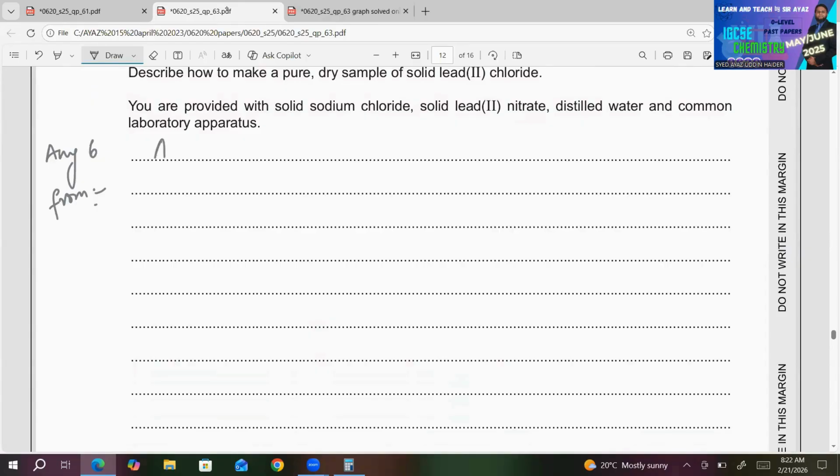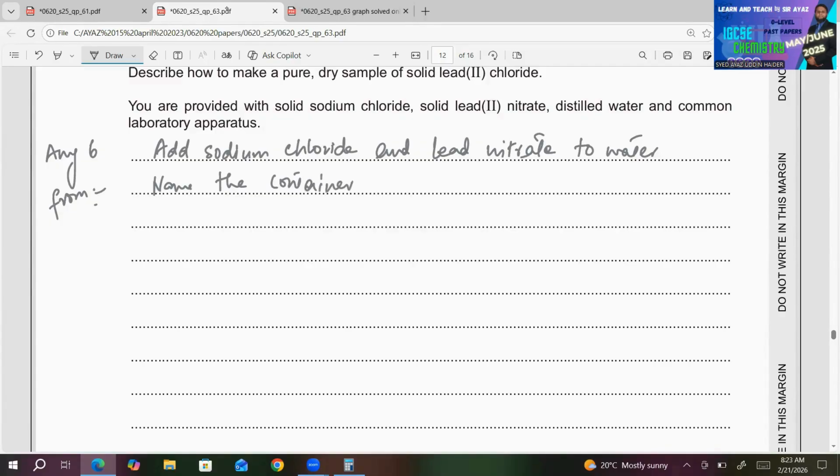So I'm going to write add sodium chloride and lead nitrate to water. And you are taking all of these in the container, like name the container. So here the container, you can use beaker or test tube in this case.